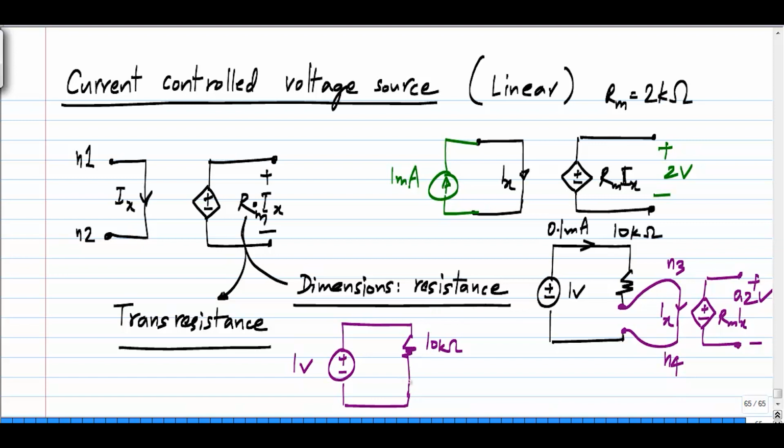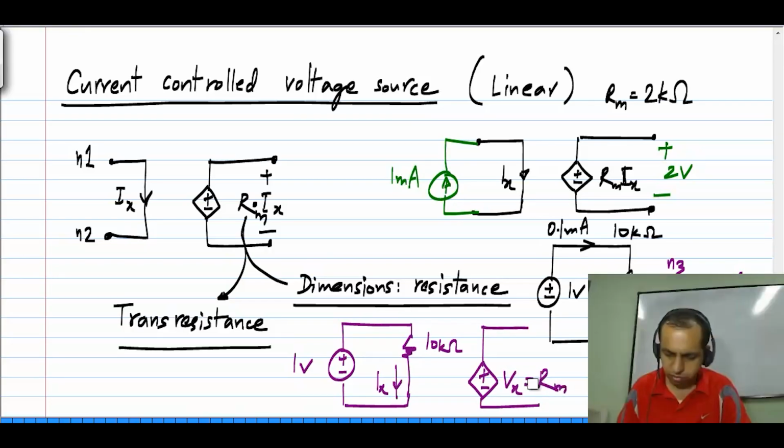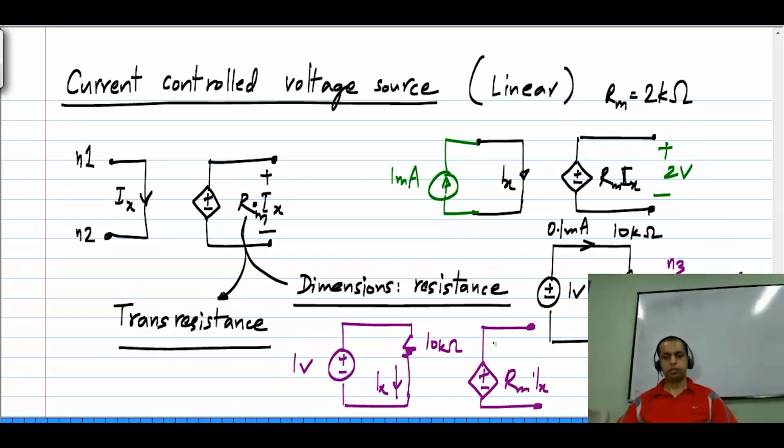So what is normally done is to simply label this as the current Ix and have a voltage source Vx, which is defined to be Rm times Ix. Okay. So this is how it is usually denoted.